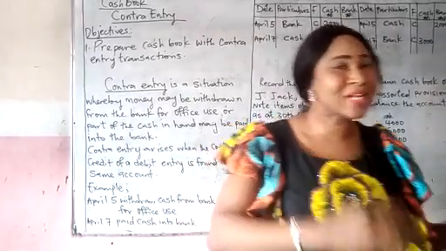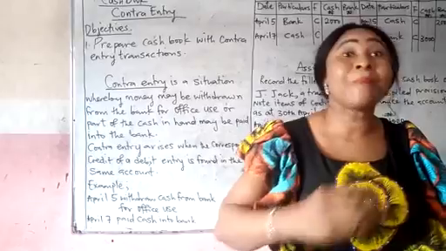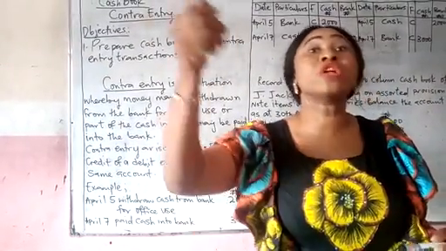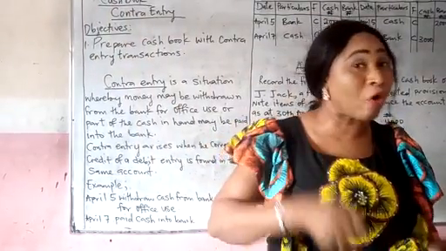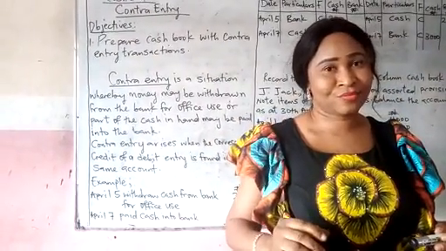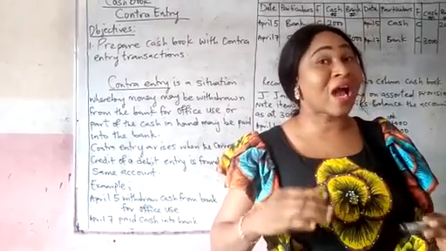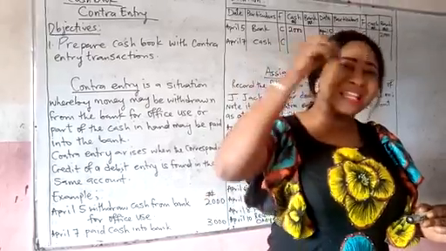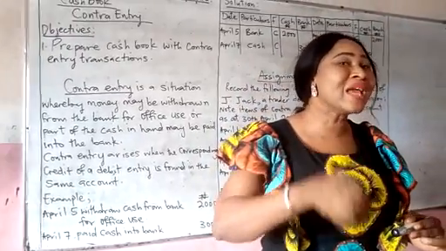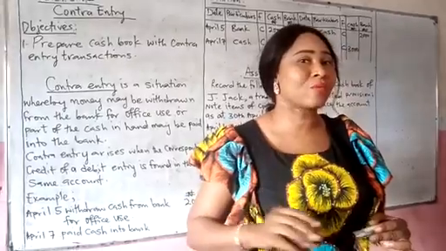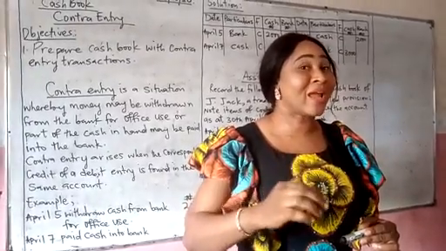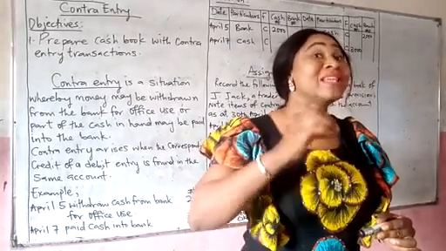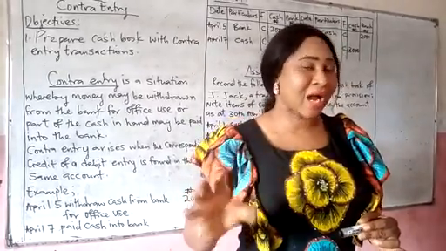He may take some part of the money in the office and pay it into the bank, or he may withdraw money from the bank for office use. So, contra entry arises when a corresponding credit of a debit entry is made in the same account.